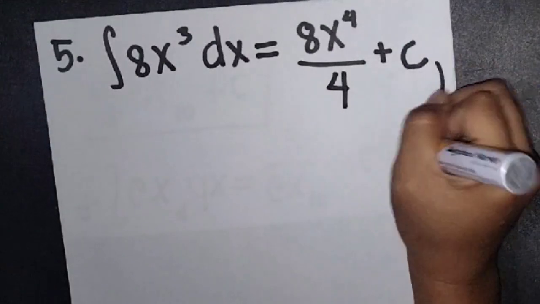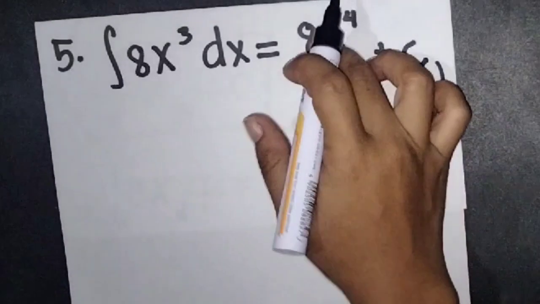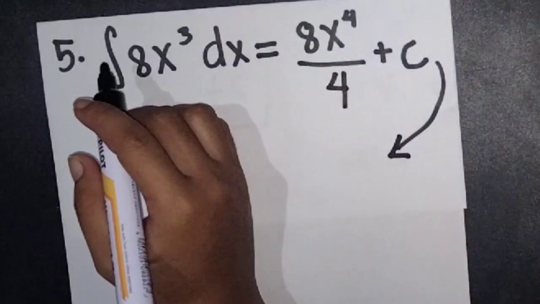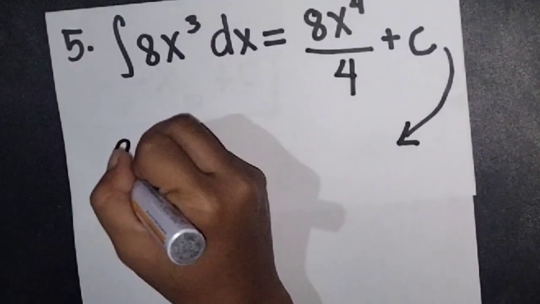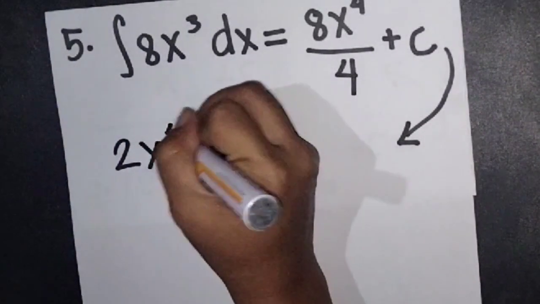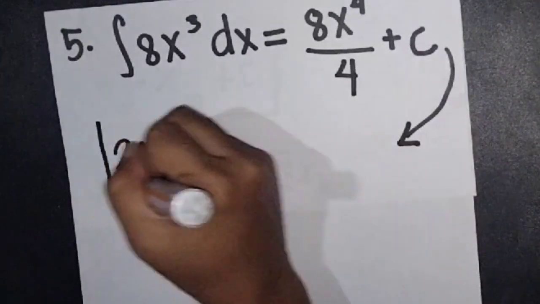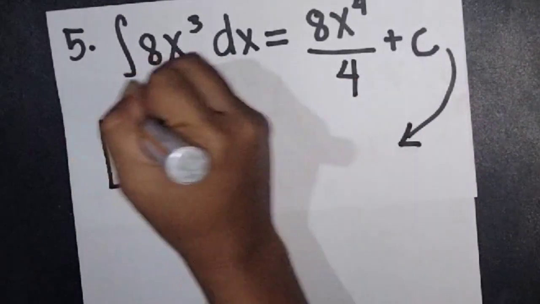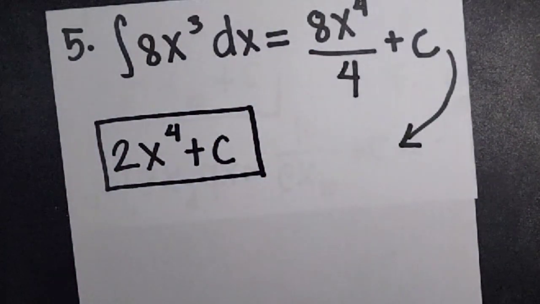Same thing as in example number 4, we can still reduce this number. If we divide both sides by 4, it is going to be 2x to the power of 4 plus c. So the answer of the antiderivative of 8x cubed is 2x to the power of 4 plus c, which is the constant of integration.